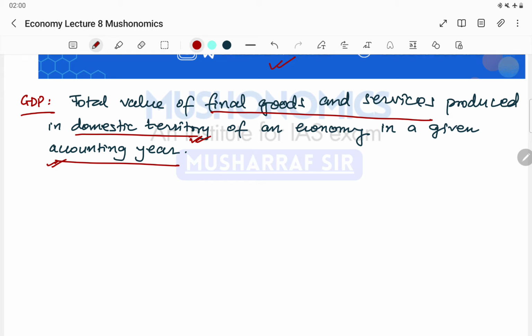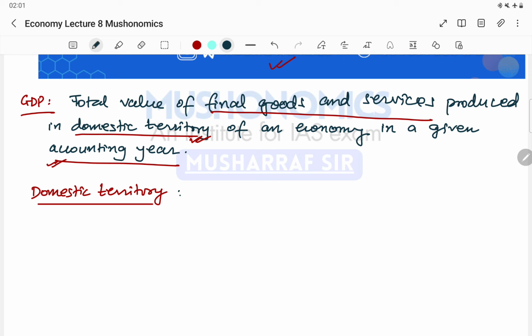Now let's discuss domestic territory first. What do we understand when we say domestic territory in the definition of GDP?